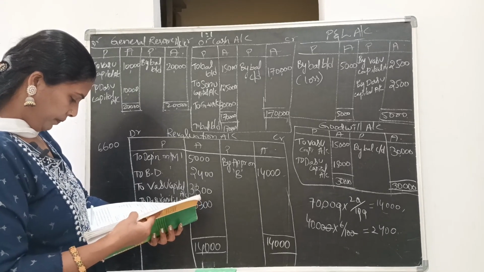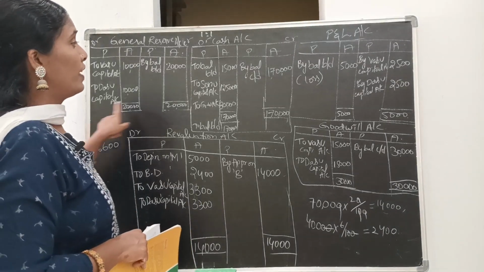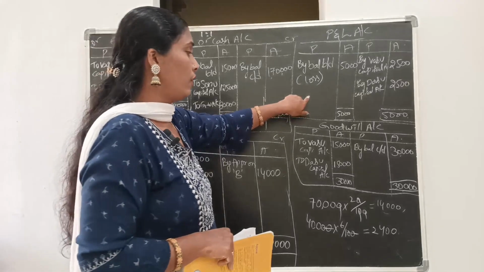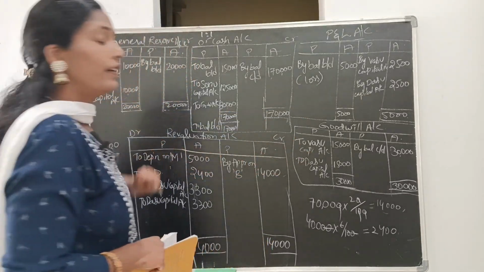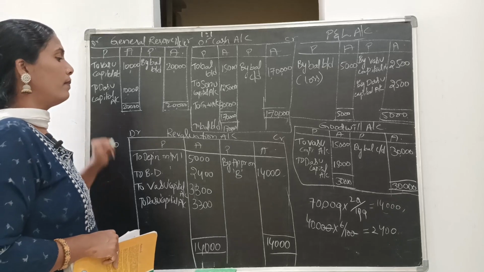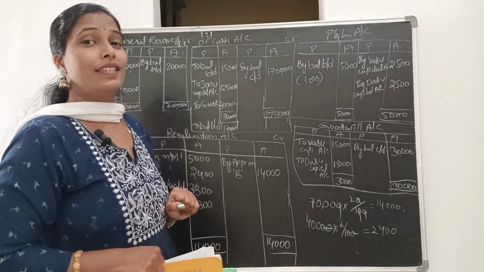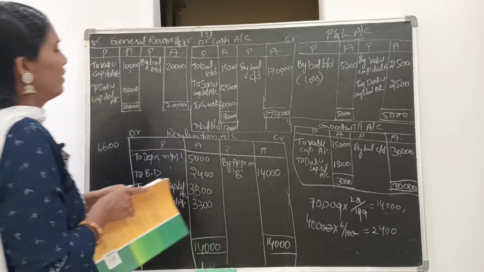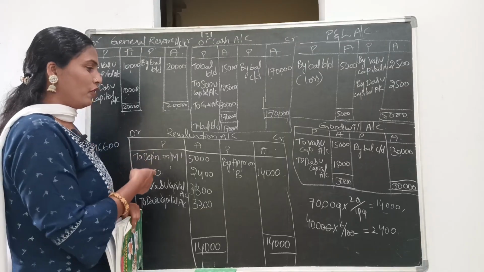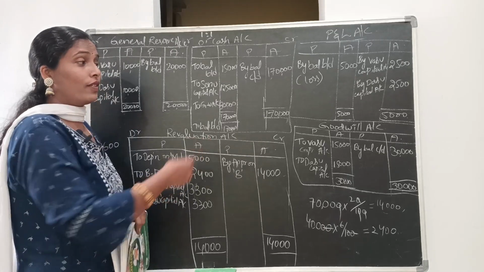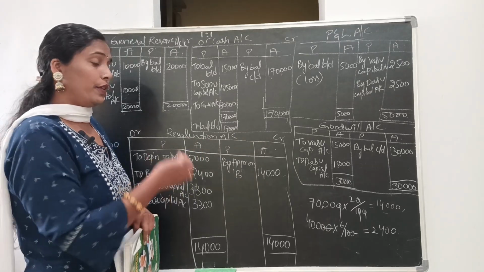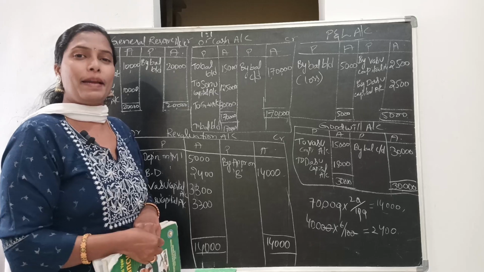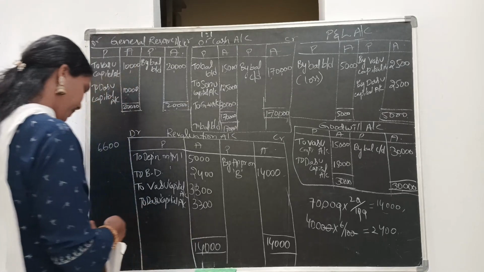So we have prepared the general reserve account, cash account, profit and loss account, goodwill and revaluation account. Now the remaining 2 accounts are left, which are capital accounts and balance sheet. So students, make a note of these two, revaluation account and goodwill. I am going to rub these two to prepare the capital account and balance sheet.